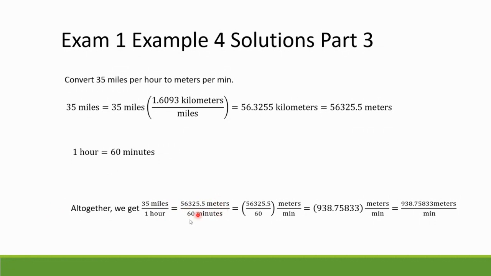We did that already. 1 hour is 60 minutes. And really that's the hard part, because now all you have to do is just divide. Because now you're in meters per minute, so you just divide, as you can see. Okay, that's good. Are there any questions on this?